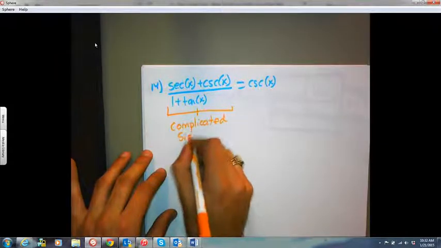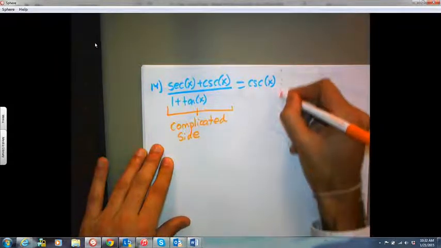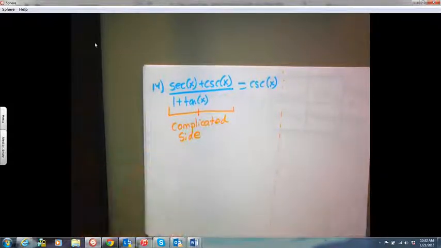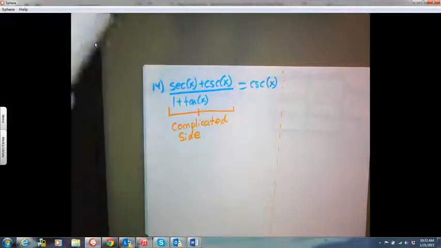Then you want to identify which identities could be useful. So when I look at this problem, I see 3 possible identities. Please make sure you can get all 3. Let me freeze this. You should be able to write 3 possible identities when you look at this.